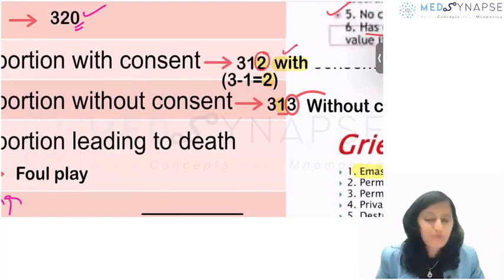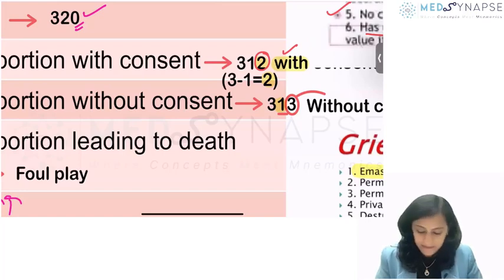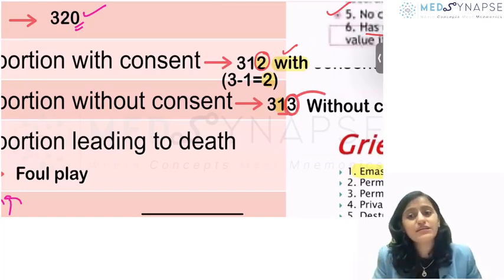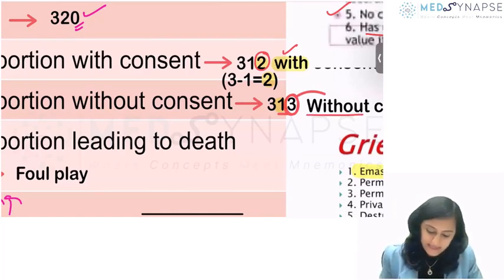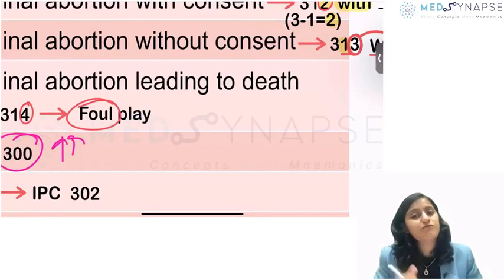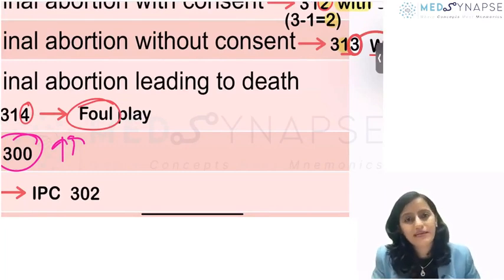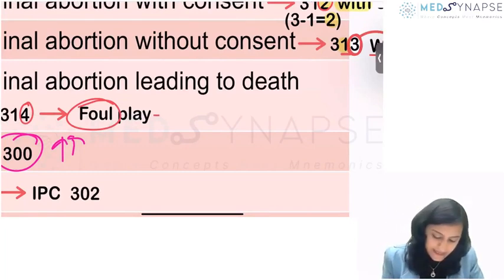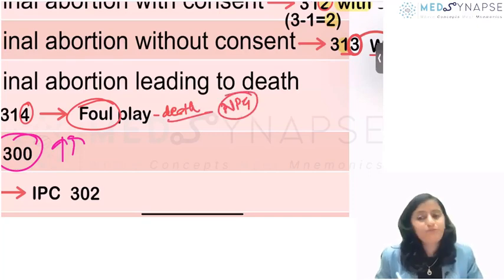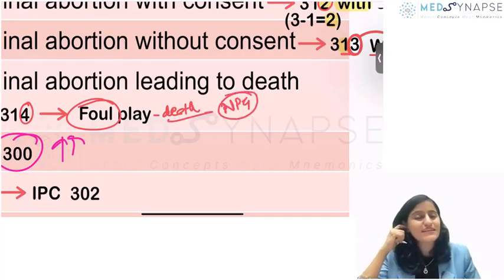So this is with consent, abortion with consent. 313 is where the mother is saying, no, I want a family of 3 only. So that is without consent. And 314 is where there is foul play. 4 is foul, like 84 is foul mind. So foul play leading to the death of the mother is 314. This is your NEET PG exam question. NPG stands for NEET PG.